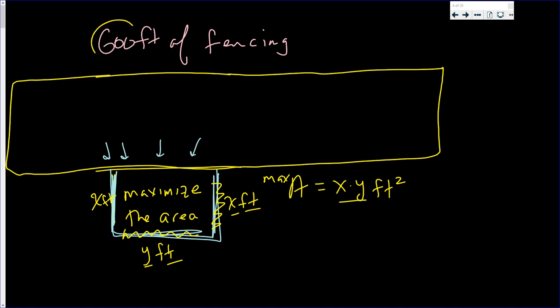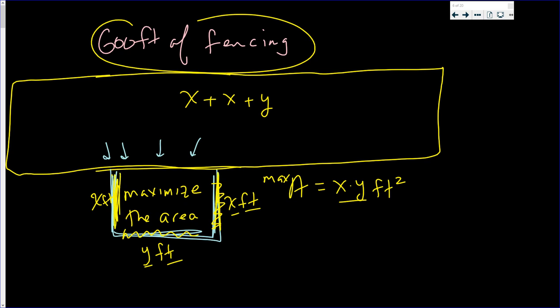Well, let's use this fact. The perimeter right now is x plus y. I have x feet here, x feet here. Well, that's 2x plus y. And this has to be 600.